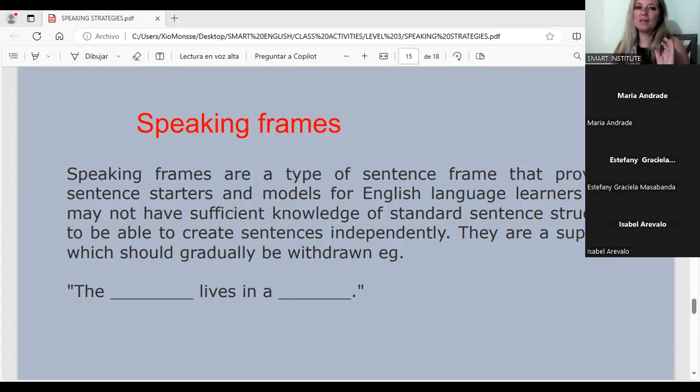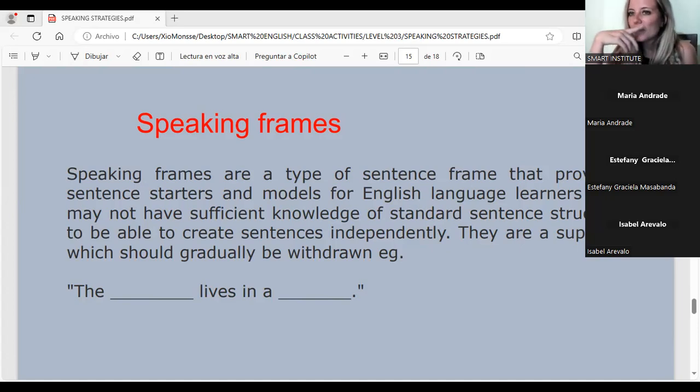And then you have them speak. Maybe it's not necessary that first you have them speak, right? The dog lives in a house. But you have them speak. That is for beginners too. That is a beginner activity.